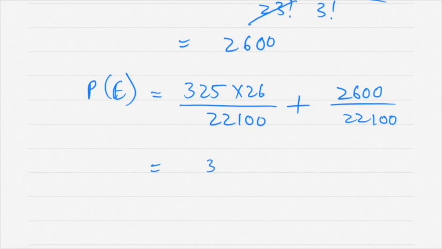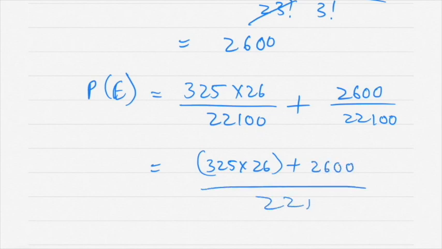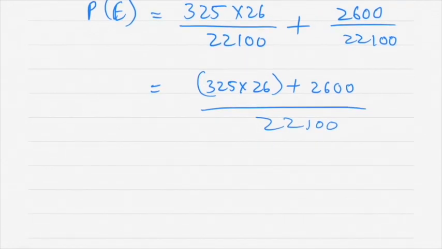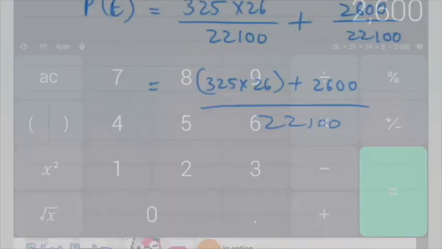The denominator is the same, so we can just write 325 multiplied by 26 plus 2600, divided by 22100.